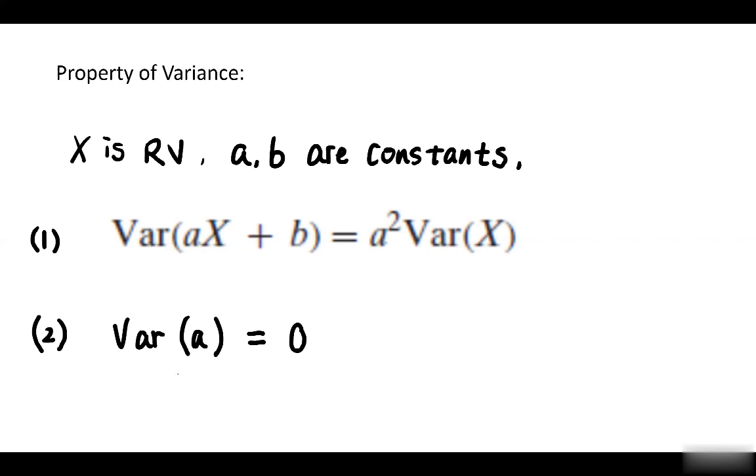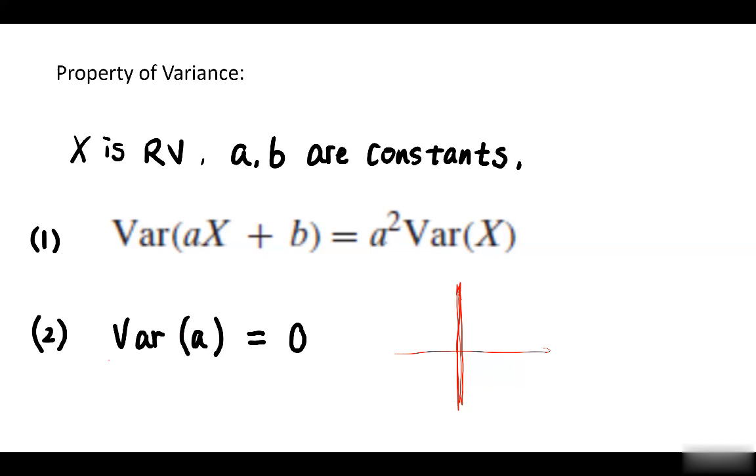The second property is that for any given constant, the variance is 0. Why? Because for any constant, there is no dispersion, right? It can only be this number. It can always be this number. So remember that variance measures dispersion, right? If there is no dispersion, that means the variance should be 0, right?